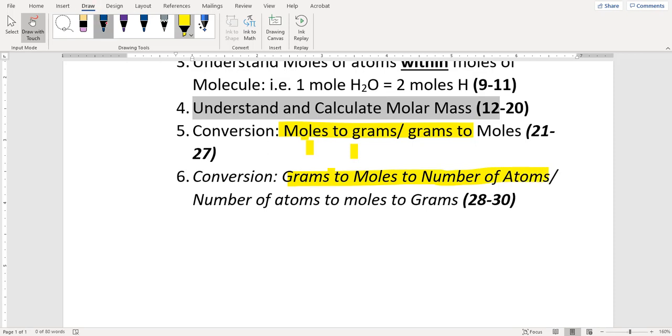Usually there are going to be at least 2 conversion factors required. It could be 3 if we're counting the number of atoms within a mole of a molecule, for example. But for right now, we'll start off with 2 conversion factors.